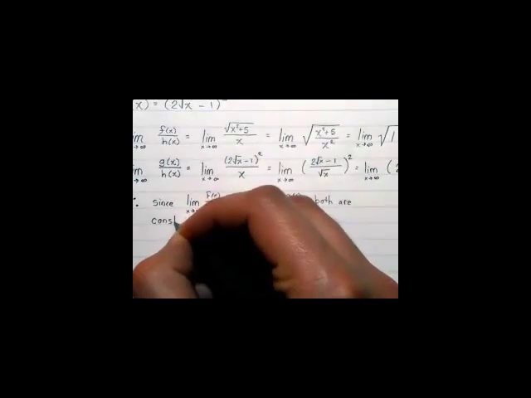Okay? So here's how I'm going to write my conclusion then. Since the limit as x goes to infinity of f over h and the limit as x goes to infinity of g over h are both constants, f and h grow at the same rate, and g and h grow at the same rate.